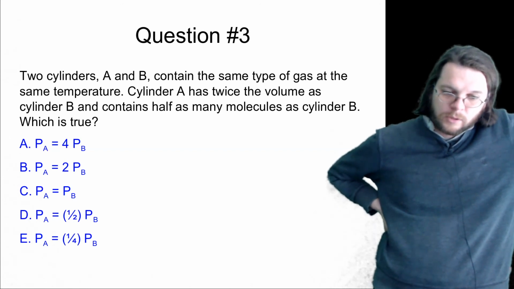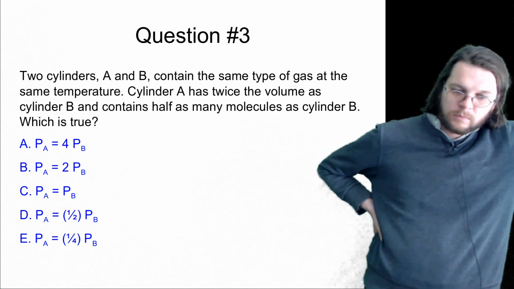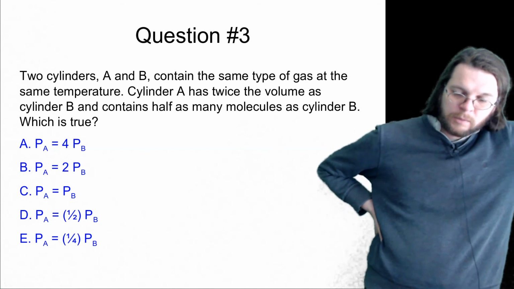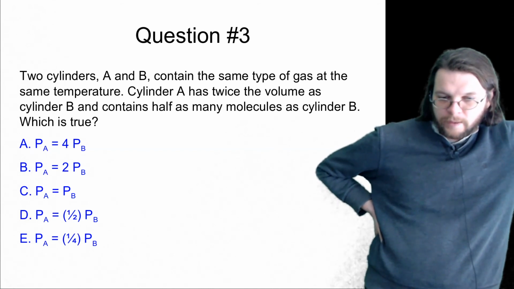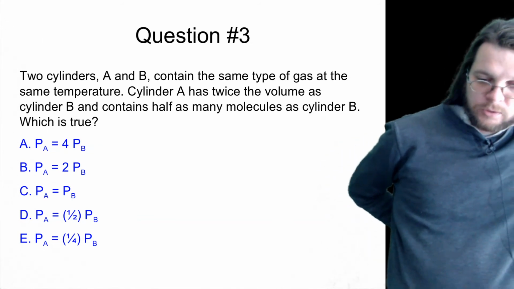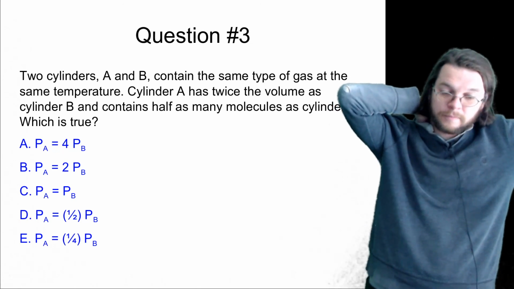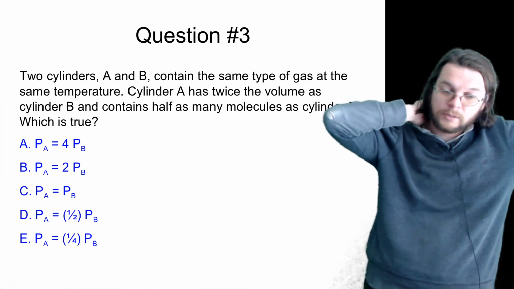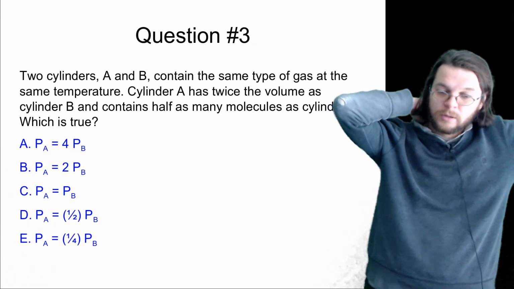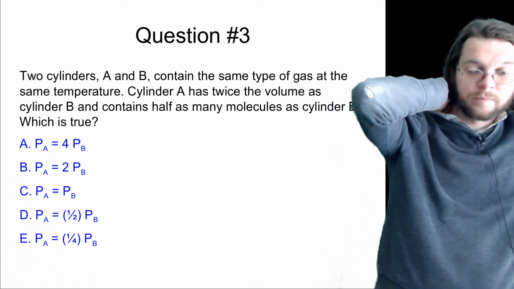So let's see. If cylinder A has half as many molecules as cylinder B, that means that if they were the same volume, the density would be half as much. And if they're the same temperature, then that would mean that the pressure is half as much in cylinder A as in cylinder B if they were the same volume.